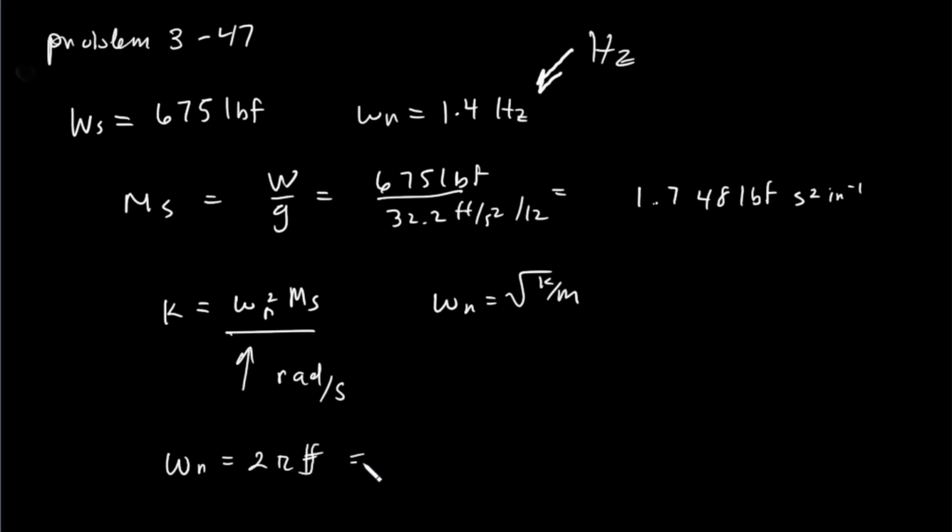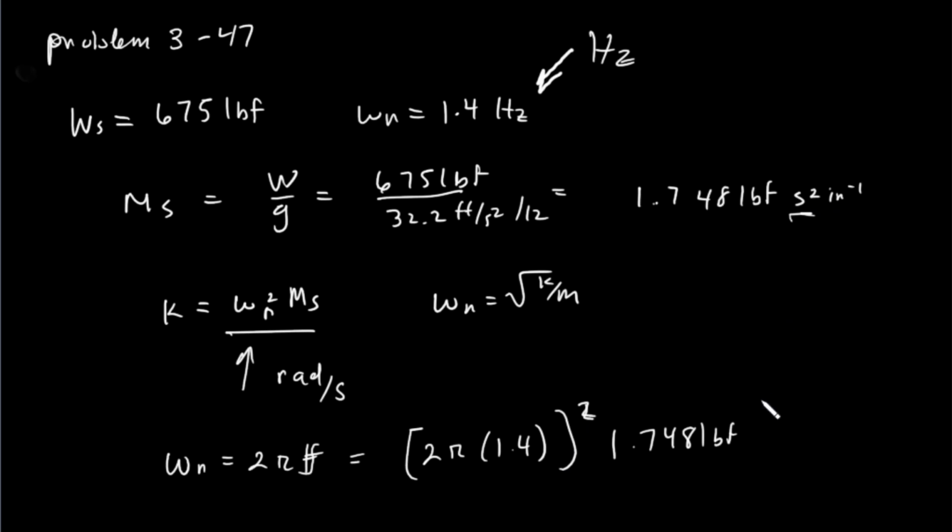So before we square that term, we need to multiply 2 pi times the 1.4, and then we take that quantity and we square it, and then we multiply it by the mass, 1.748 pounds force, and make sure this is in units of per second squared. We're multiplying it by second squared, so those will cancel out.